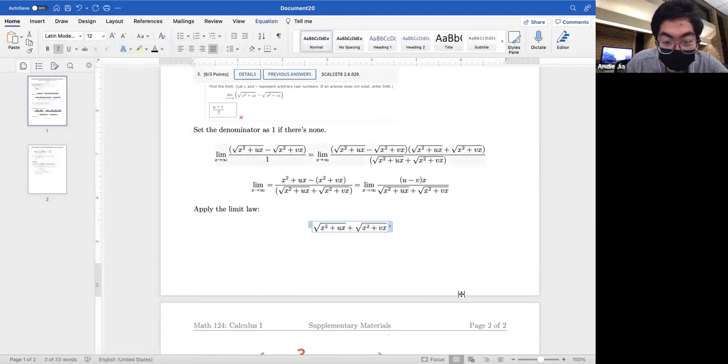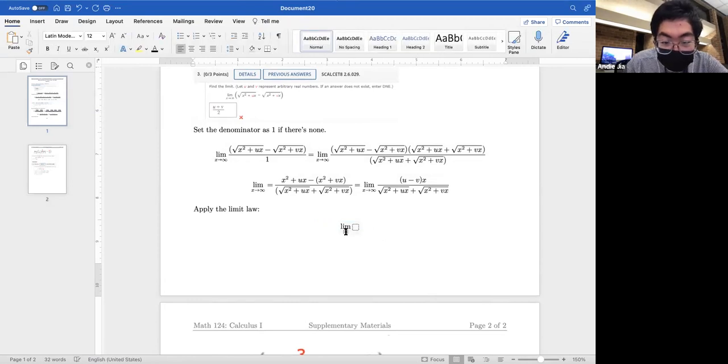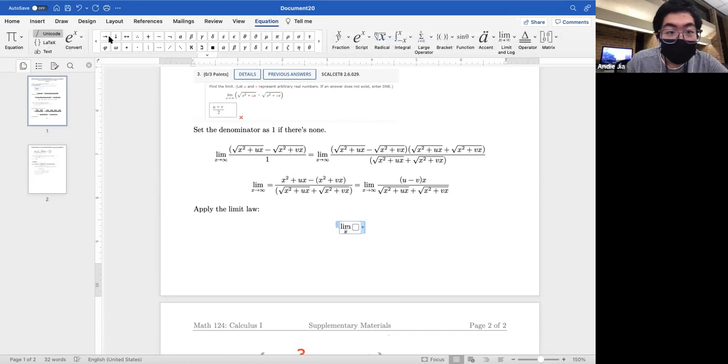We have a limit as x approaches infinity. Apply the limit law: u minus v x over the radical of x squared plus ux plus the radical of x squared plus vx.